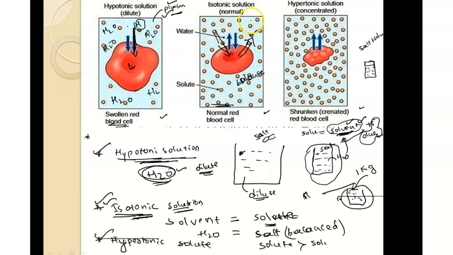We don't have any high concentration region and low concentration region. As a result, the blood cell will not swell up. It stays in its normal position because of the balanced solute and solvent combination in the isotonic solution.